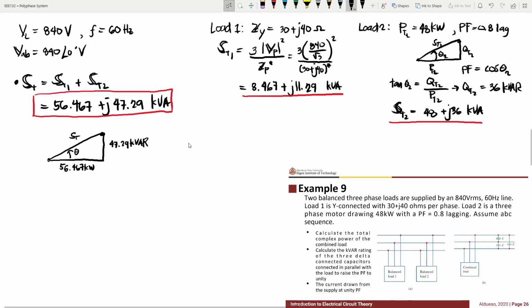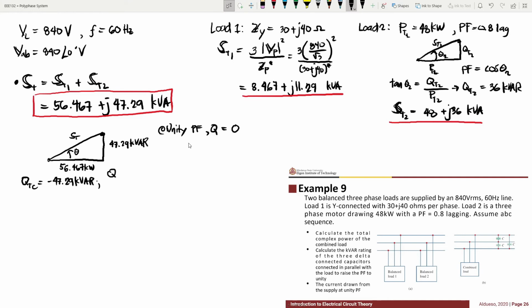So at unity PF, Q equals 0. So the total kVAR for the delta-connected capacitors should be equivalent to 47.29 kVAR.